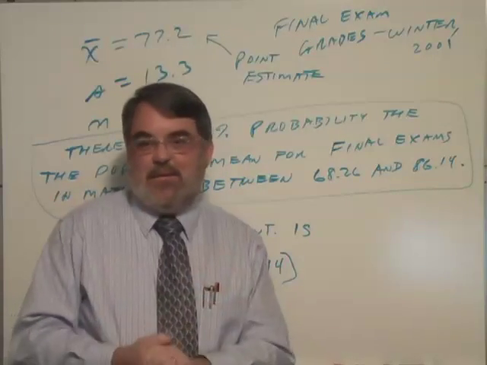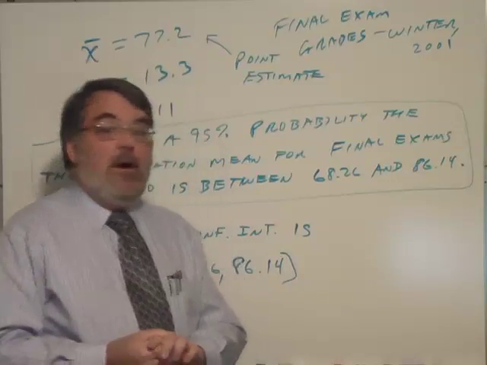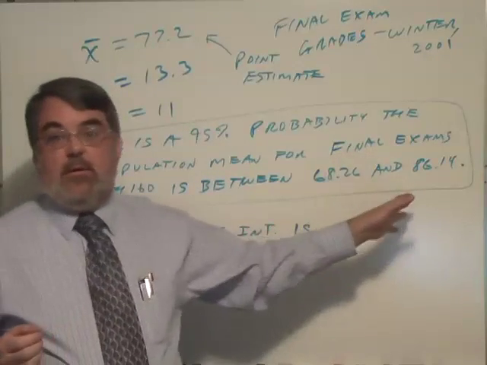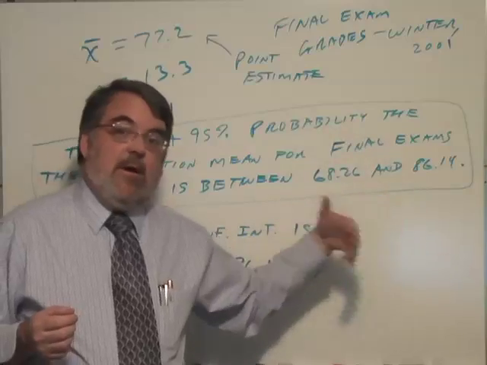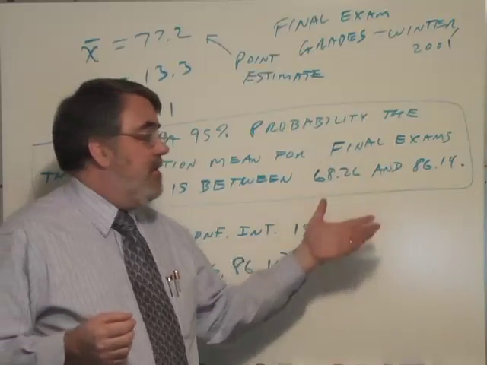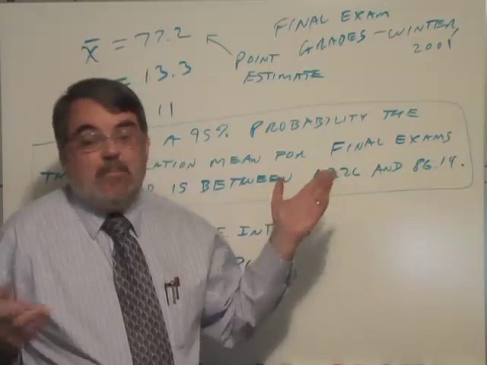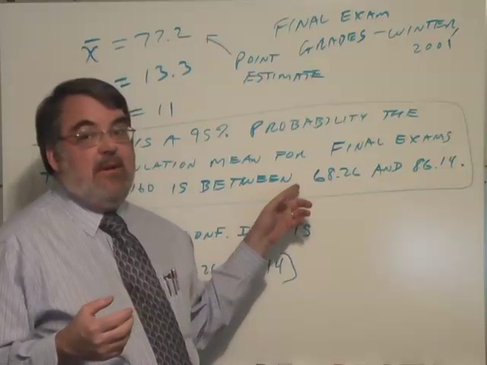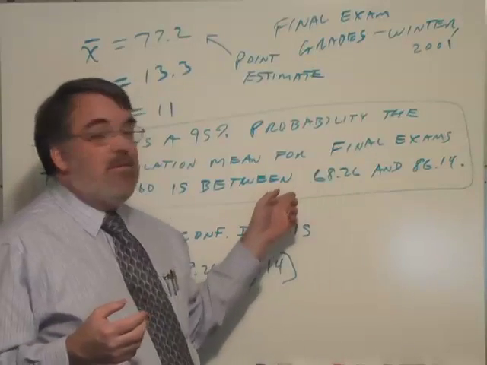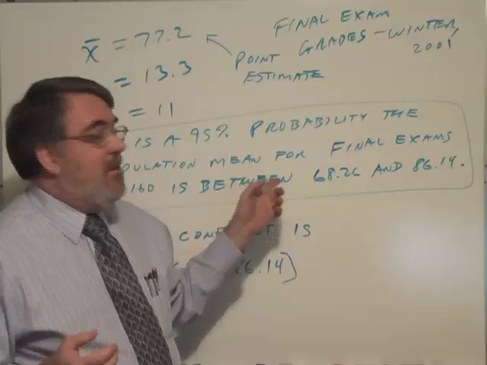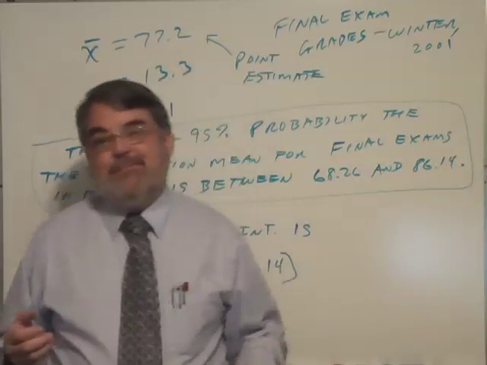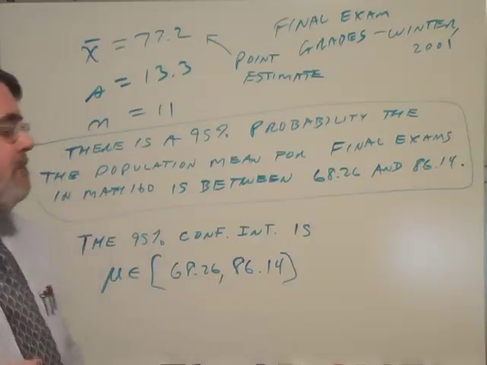That's a confidence interval. And now there is a 5% chance that we're wrong. So one time out of 20, we could be wrong. Maybe Math 160 students on average score below 68.26, or maybe they score above 86.14. All right.